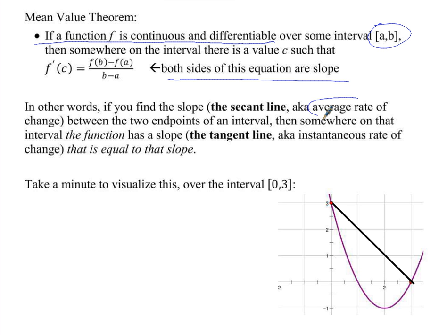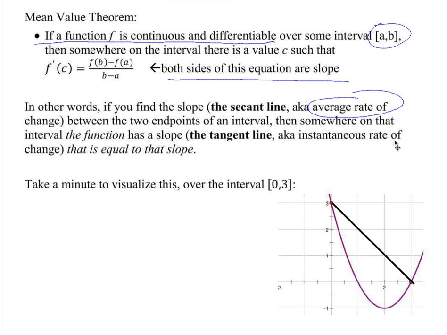The secant line is the average rate of change between the two endpoints on the interval. Then, by the mean value theorem, somewhere on that interval, the function itself has a slope that is equal to the average rate of change, meaning that the function itself has a slope that is equal to the slope of the secant line.